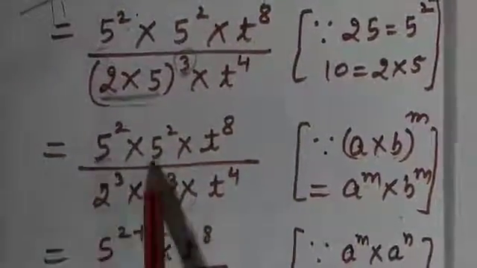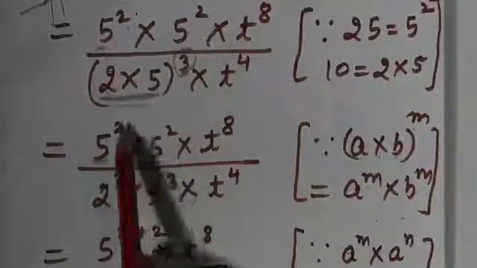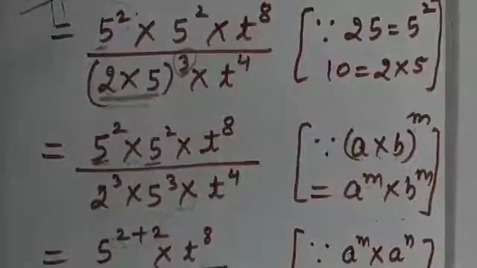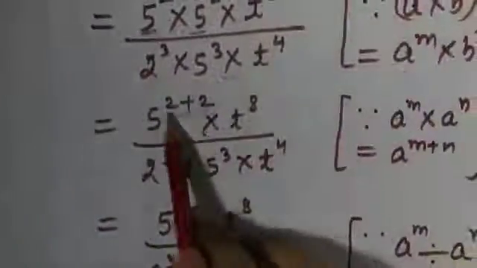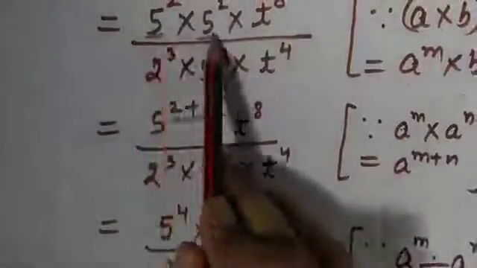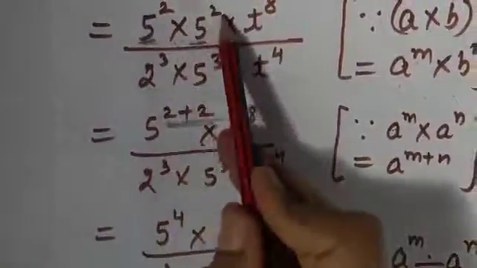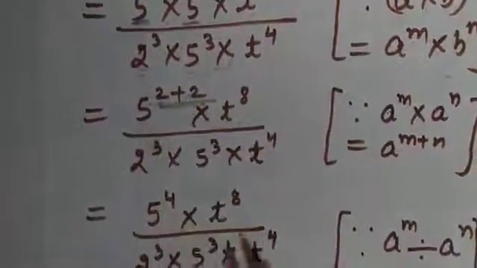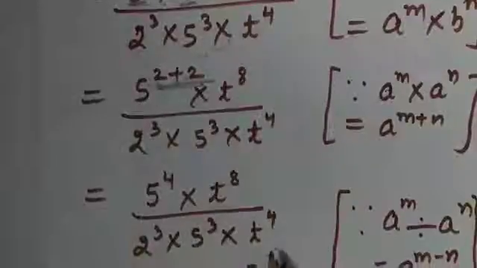Now same base, in between we have multiplication, so the powers get added, and all else remains the same. I observed same base, so powers can be added. Now 5 raised to the power 4 will remain the same.